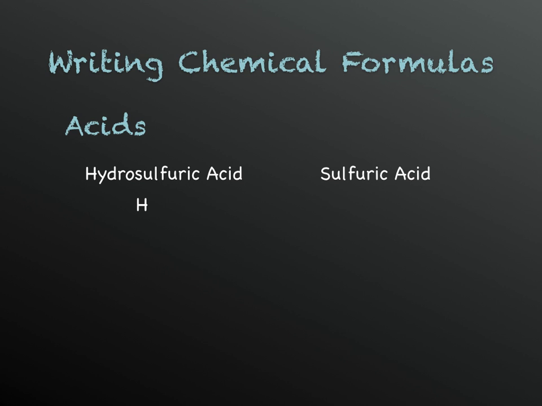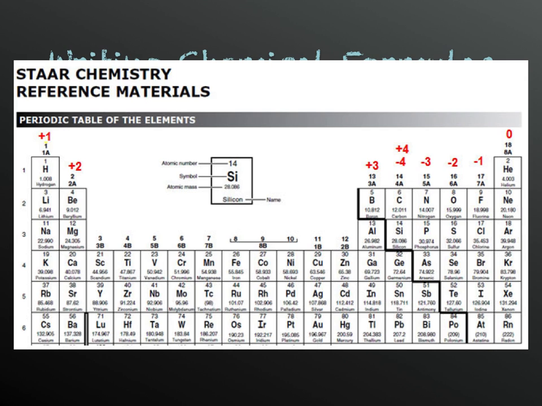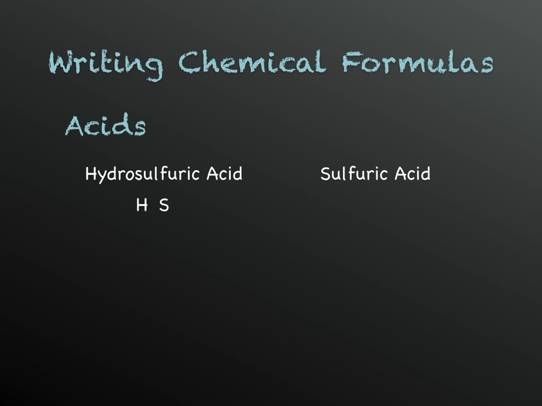There's a hydro, there's our H. Sulfuric, sulfur is an S. So then we need to find the oxidation number of sulfur. Right here, periodic table, there's our sulfur. Looks like it's going to be a -2. So that means that's going to have 2 hydrogens to offset the number of negatives that we have.